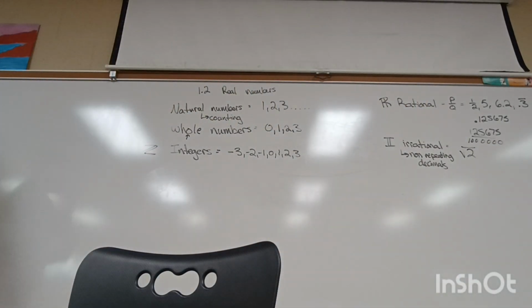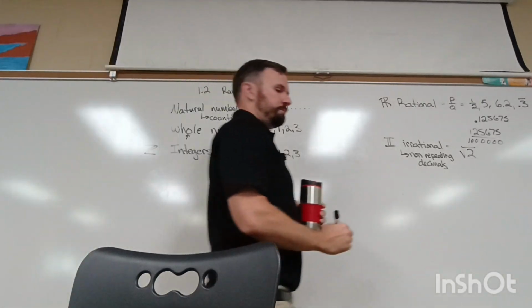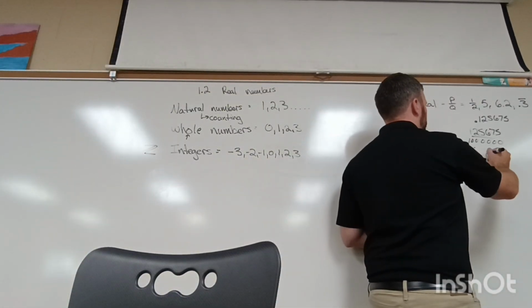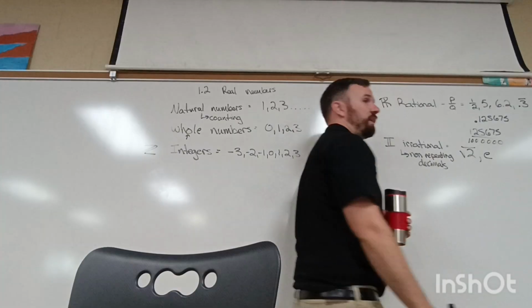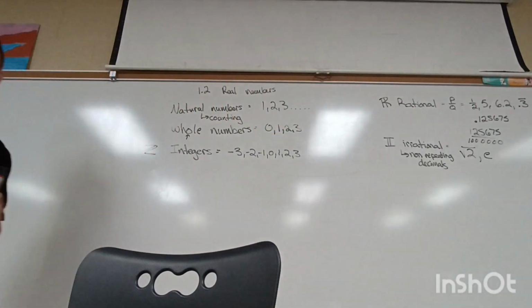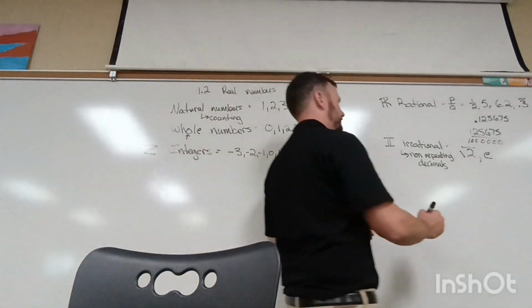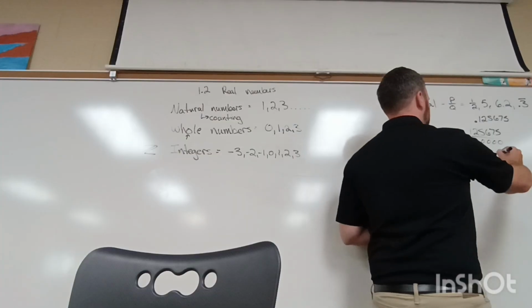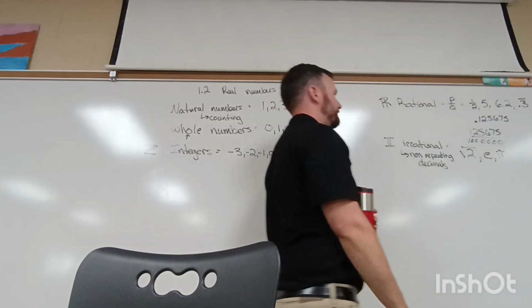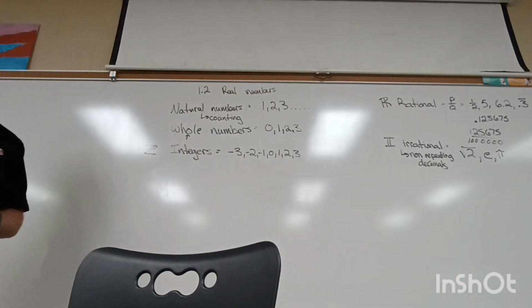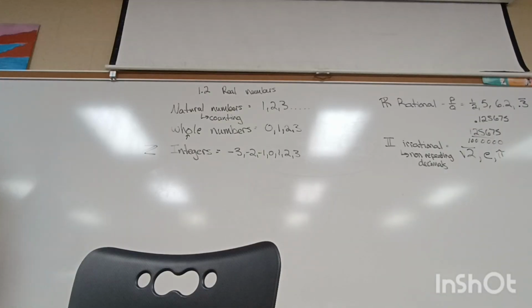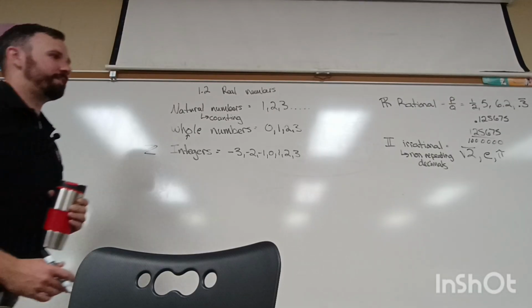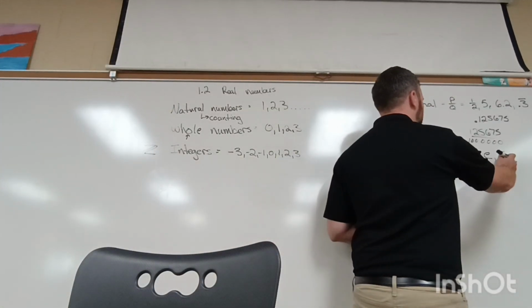Doesn't repeat, goes on forever. There's a number called E that we'll deal with later. Pi. Pi is the most interesting irrational number that ever existed because pi is circumference over diameter. So how do you find pi? By dividing 2 numbers. That's the most wild thing to me, that is irrational.